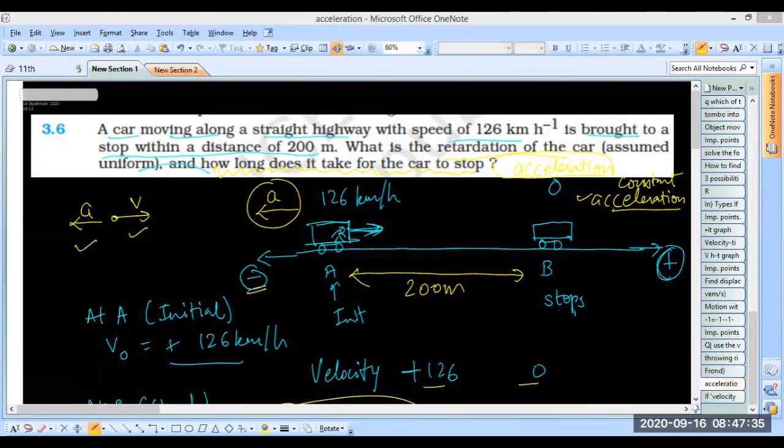We have to find the time interval, or the time after which it will stop. So which equation is suitable? Think about it. What do we know? We know initial velocity, final velocity, and acceleration. Which equation is suitable? First equation. Very good. Do it, come on, and find the answer.